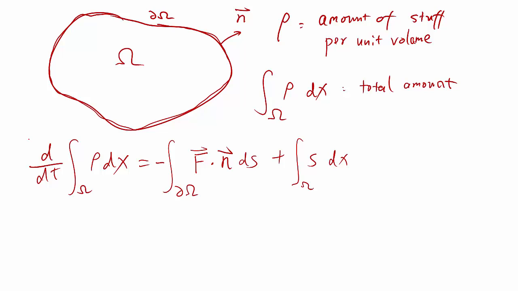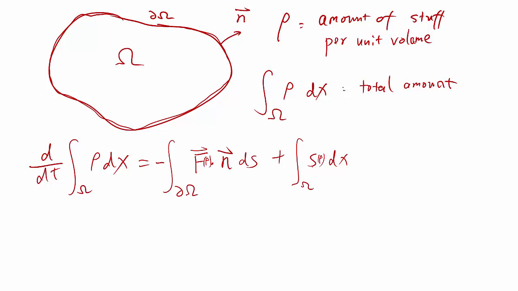And the conservation law can usually be written as a differential equation if you can represent both the flux and the source term as a function of rho. If you can represent F as a function of rho, and S also as a function of rho, then it becomes an equation you can solve.